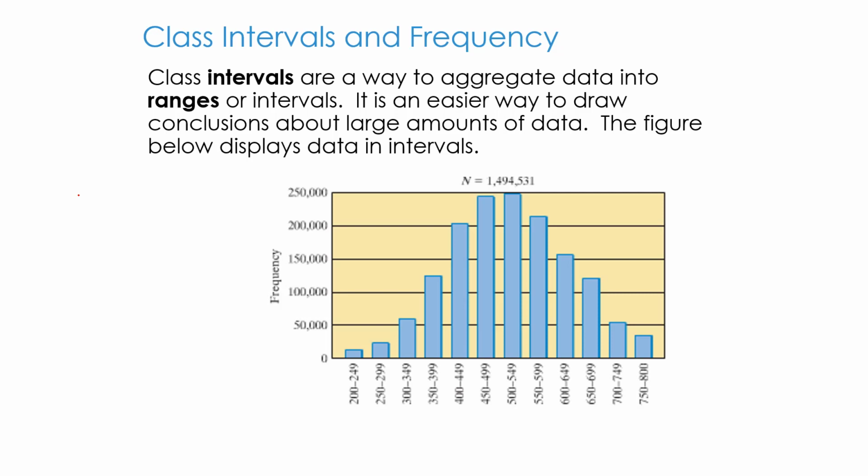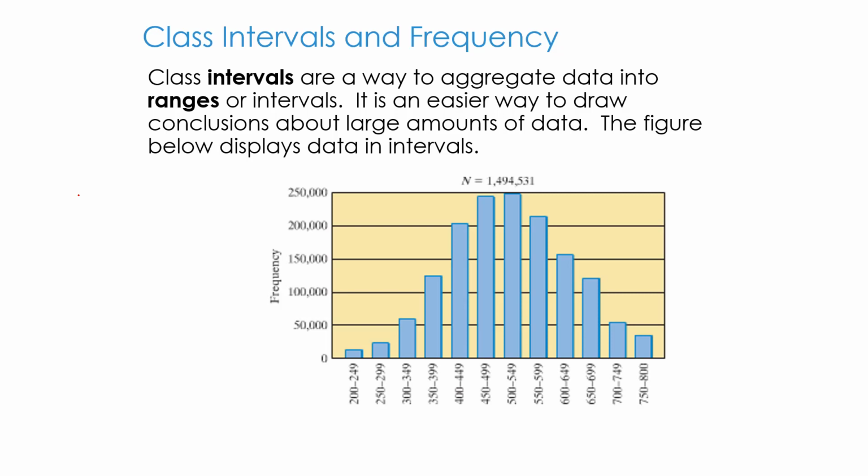So here we had 1,494,531 data points, and our values ranged from 200 all the way to 750, and so if we had a different bar for every single score, that would get convoluted. So instead, we decide on a range, right?